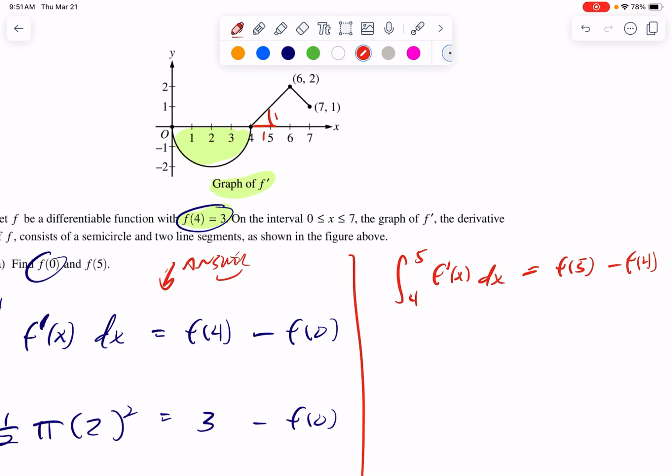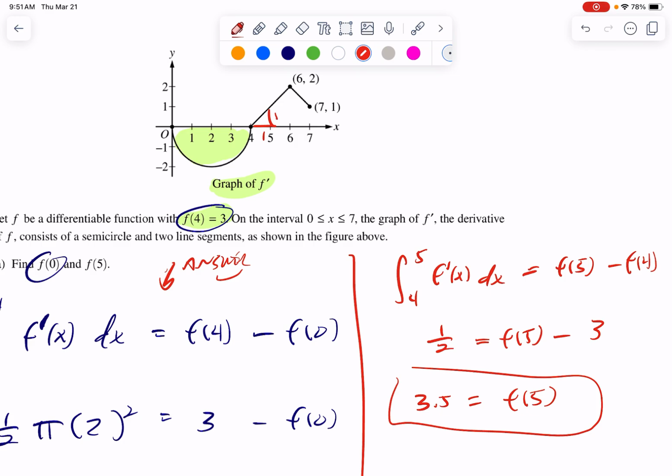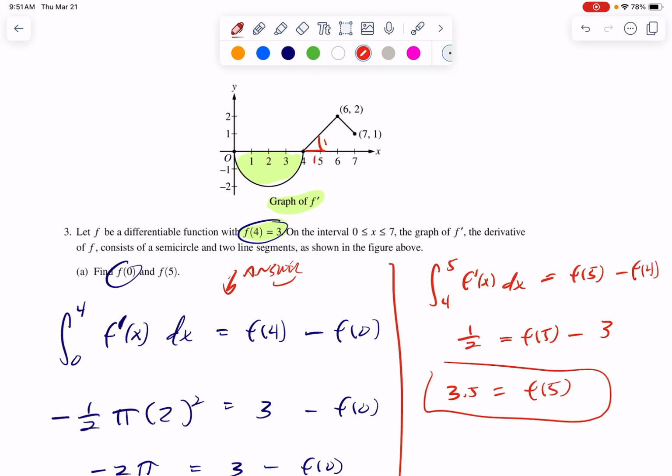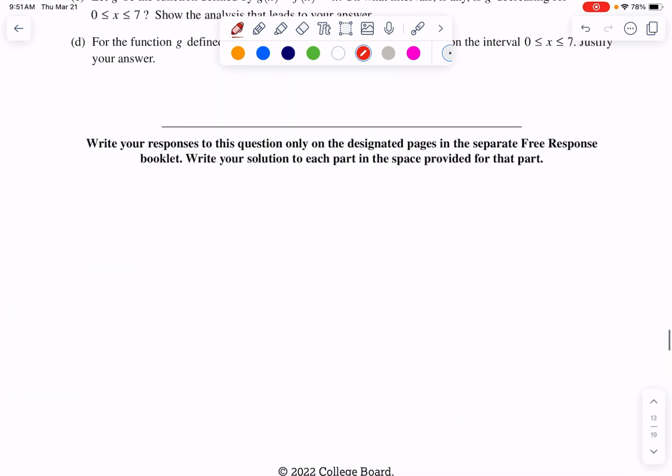So that is 1/2 base times height, which is just 1/2. f of 4 is 3, so f of 5 is 3.5, or 7/2. So that's part A. You need that insight that, oh, a definite integral will allow me to get a numerical answer for f, and then you use the graph to find that.